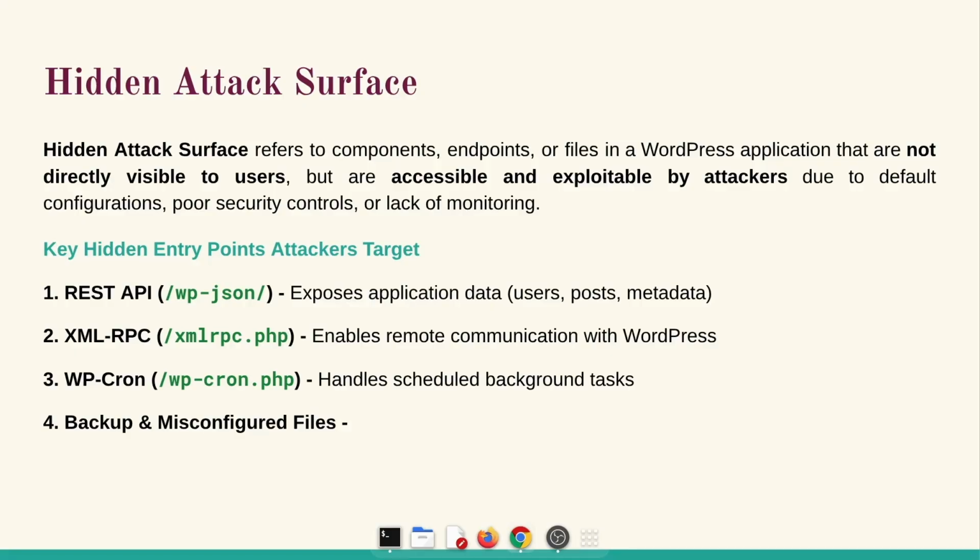Then backup and misconfigured files: this is where real disaster happens. Commonly exposed files include wp-config.php, backup.php, and .env files.